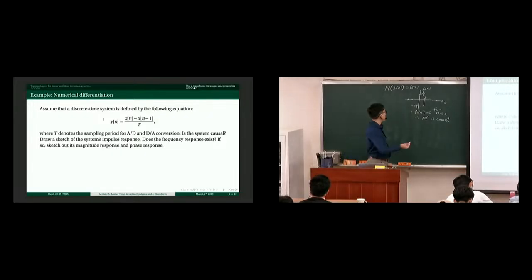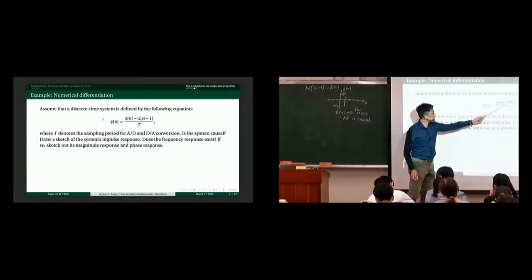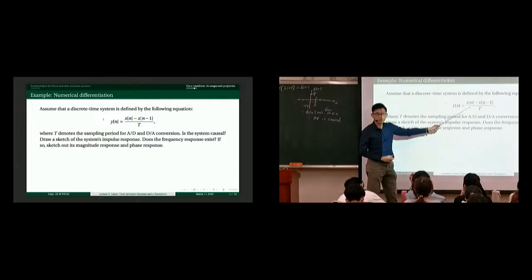But I want to mention that for this kind of system, very soon you realize that if we don't see any y on the right-hand side, that means there's no feedback.